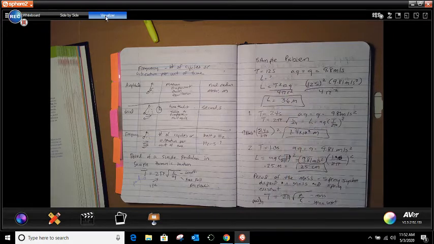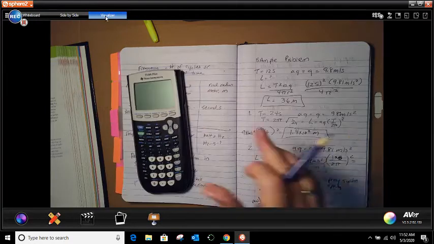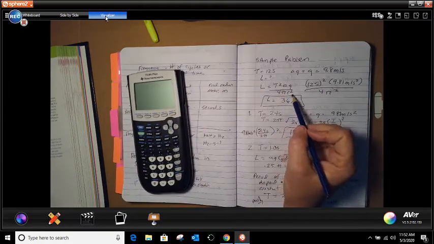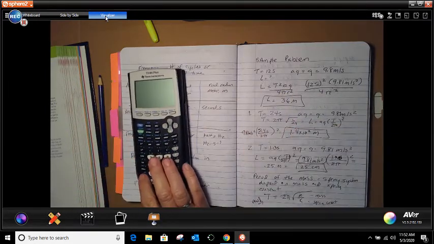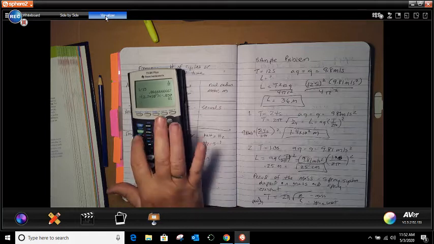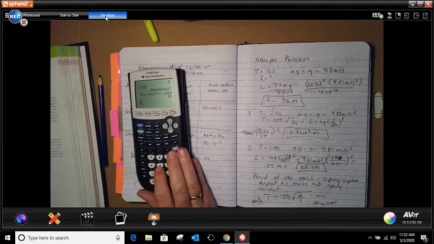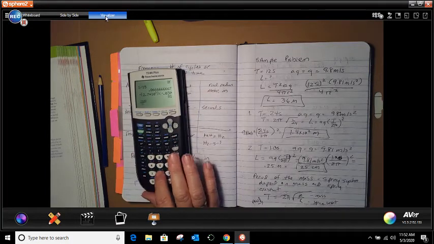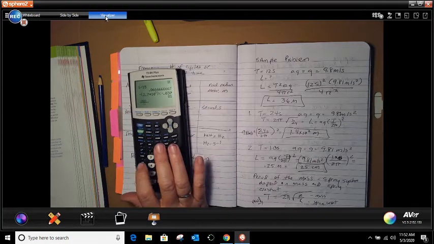To find the length, you would have to have the time squared times gravity divided by 4 pi squared. So let's see what we have here. If we do this, alpha y, enter, that would be open bracket 12, and we're going to do square.